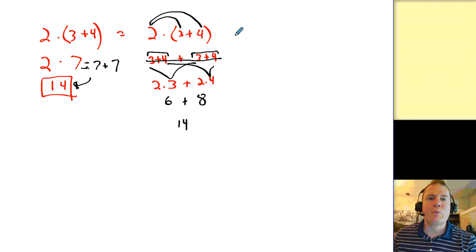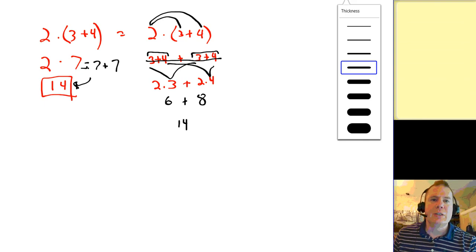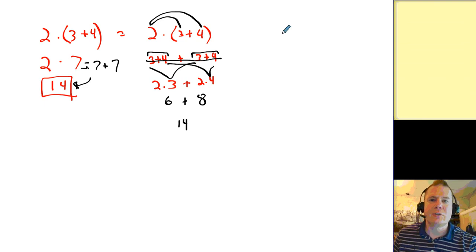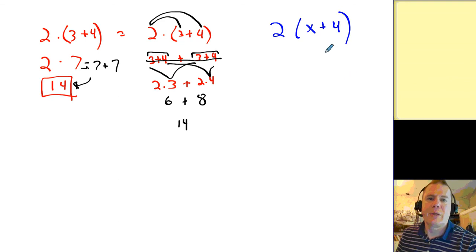The reason why the distributive property is so important in this class is because we sometimes have variables. I can't just do the operation inside parentheses if I don't have all the information I need to carry out that operation. I know that 3 plus 4 is 7, so I can perform that operation.